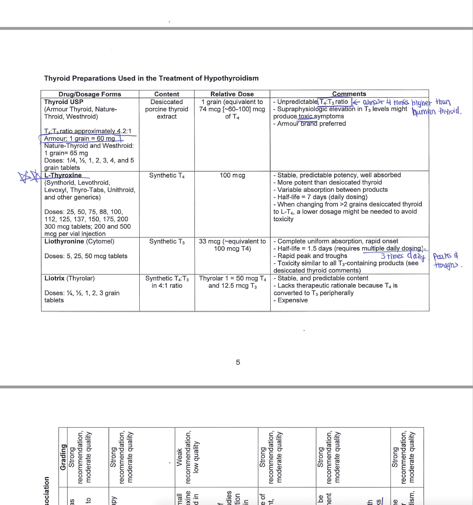Each dose causes peaks and troughs, which makes it pretty challenging to adjust the dosing, because taking TSH when there are peaks and troughs causes a lot of variation in TSH. So it is recommended to take both TSH, the first thing in the morning, the trough TSH, and also a peak TSH 2 hours after the dose.